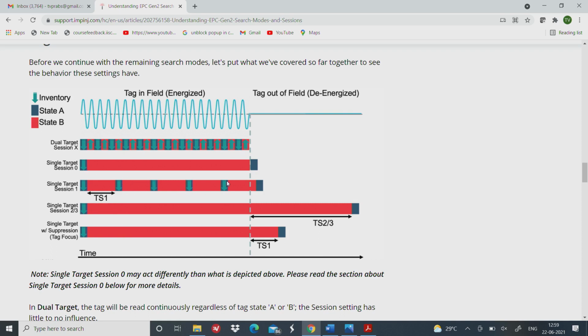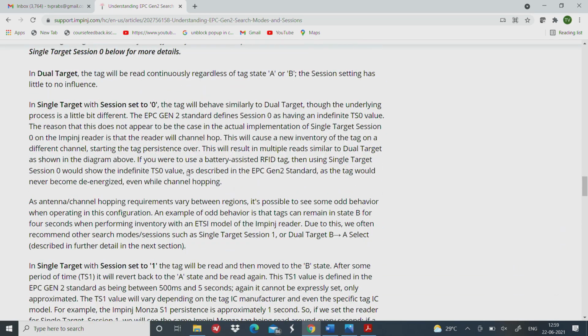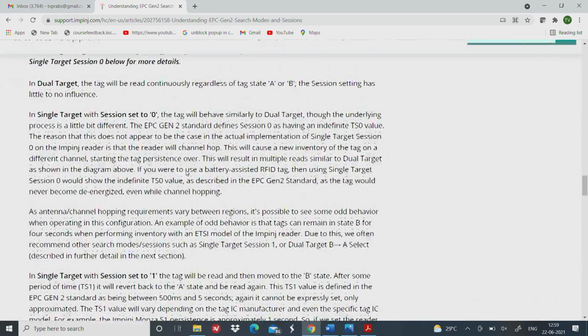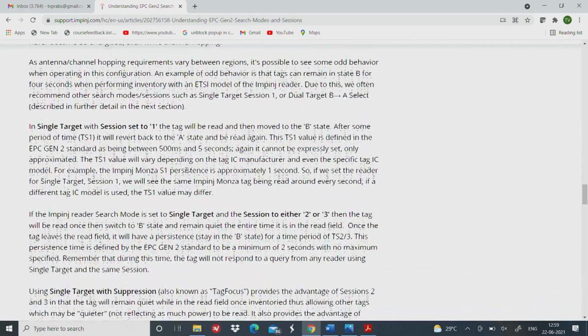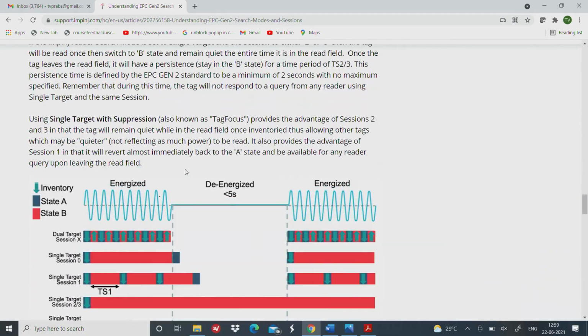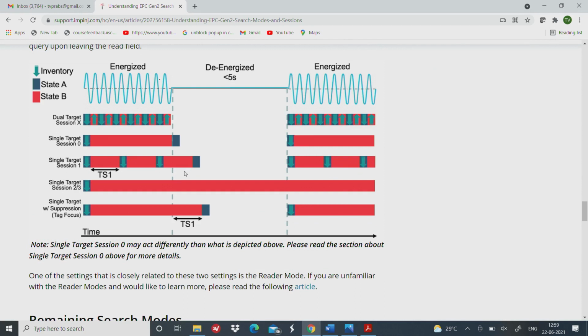So this gives you an option, because this state B is extended for a significant amount of time for other readers to come in and query the tag before it comes back to its original state. So this again is mentioned beautifully here, and you can see that the picture is improved here again when it is de-energized and comes back with power.